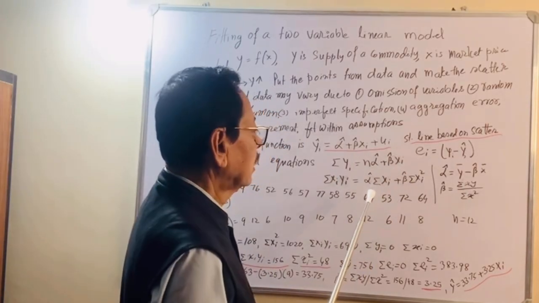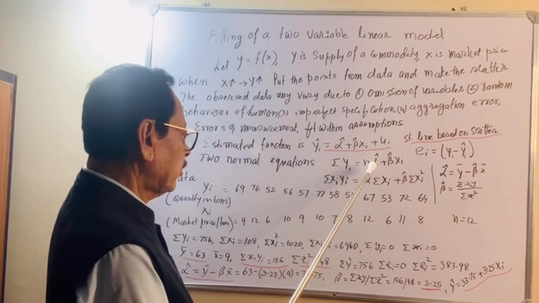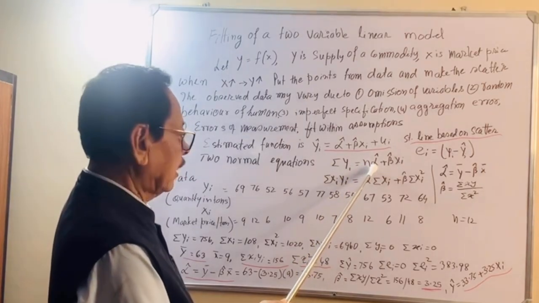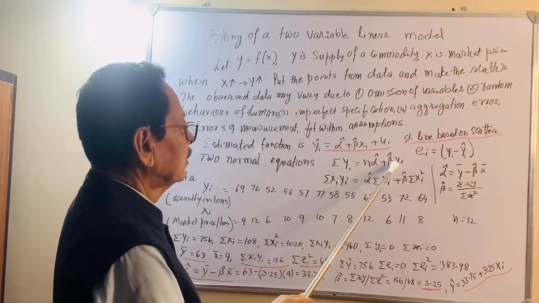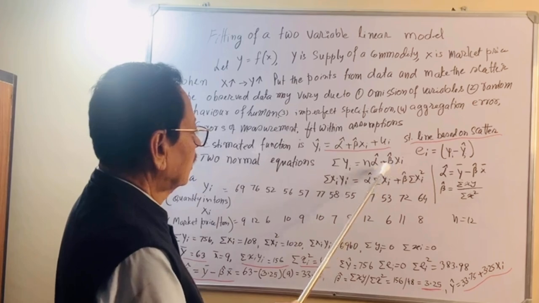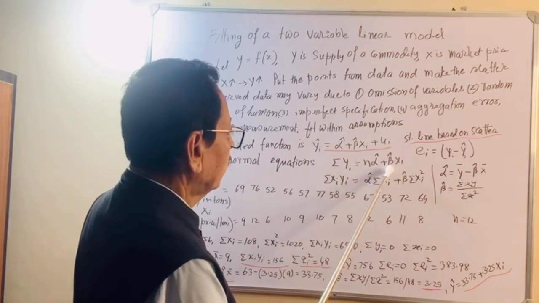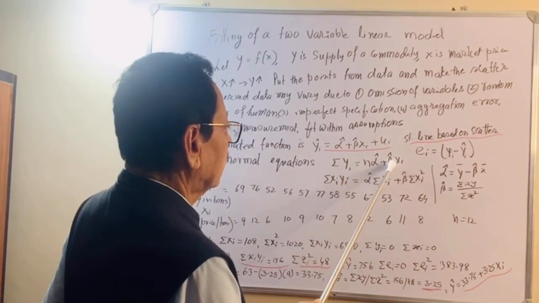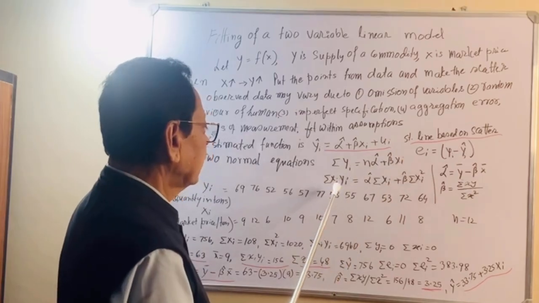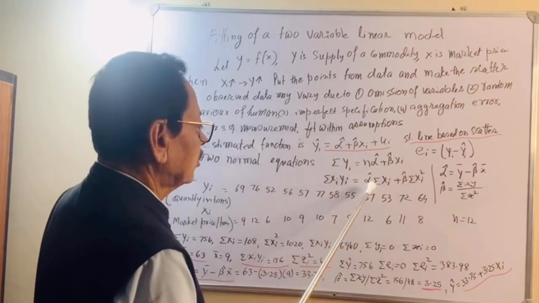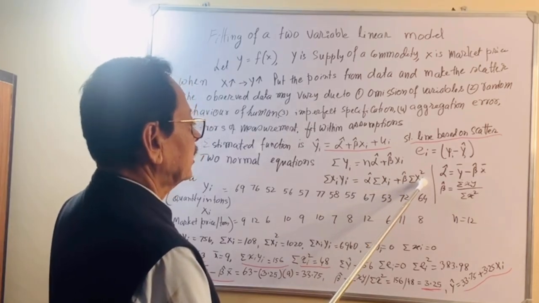So without deviations, if we are to find out estimated alpha, necessarily we have to eliminate beta head. The equations are: summation yi equals n alpha head plus beta head summation xi; and summation xi yi equals alpha head summation xi plus beta head summation xi squared.